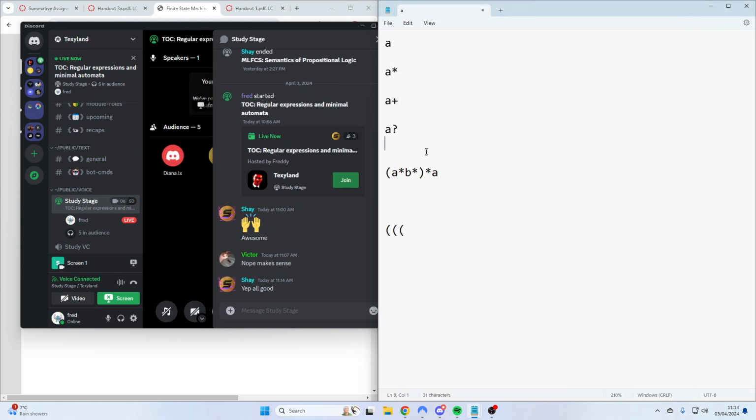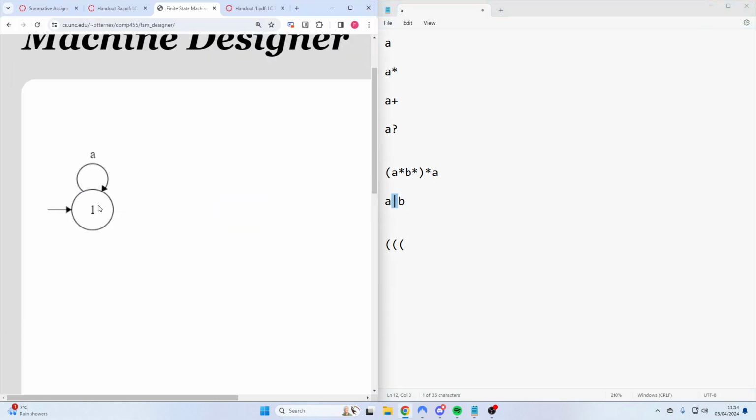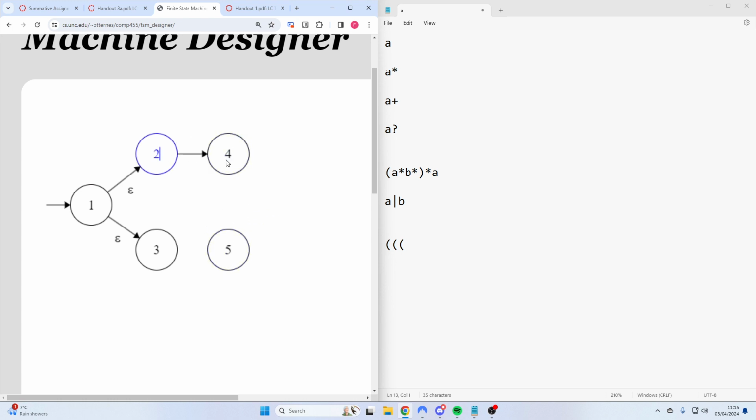Oh yeah, sorry again. I just missed one thing. If you're in a bracket, or even if you're outside a bracket, the whole thing, you can just do an OR, which is going to work as you would expect. So if we have AB here, we can just start at 1 and go to either. We're just doing an OR, so A or B. From where we start, we can either go to 2 or 3 and then continue processing there.